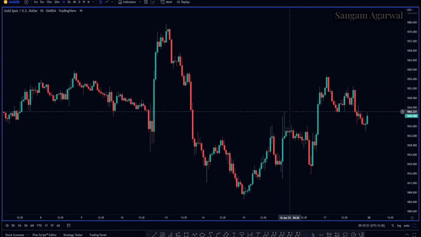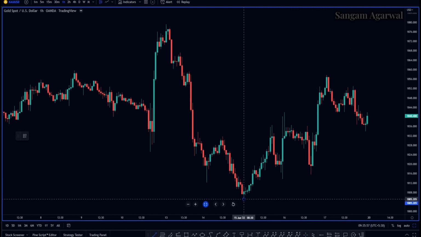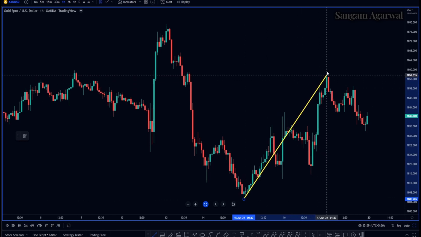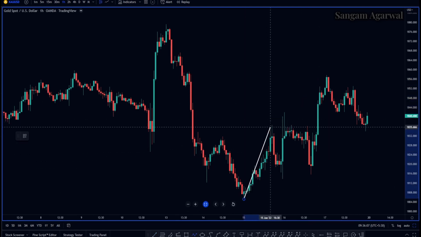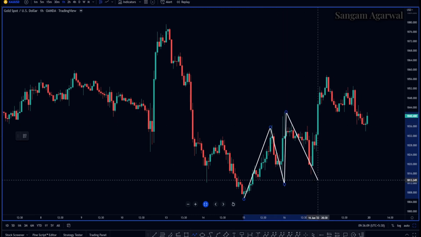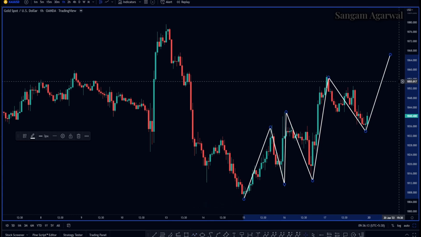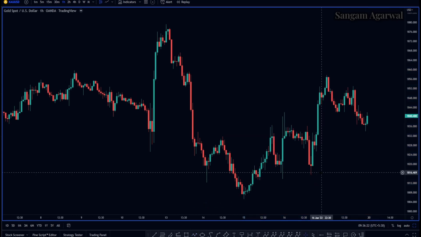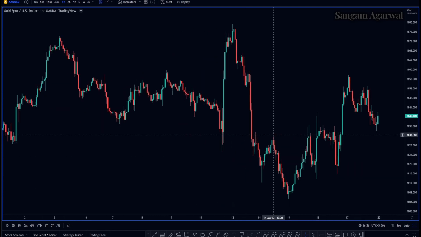And if you see closely on this H1 time frame, this trend from 1805 to 1857 is making higher high, higher low, and you can expect a bullish trend has started on the H1 time frame.